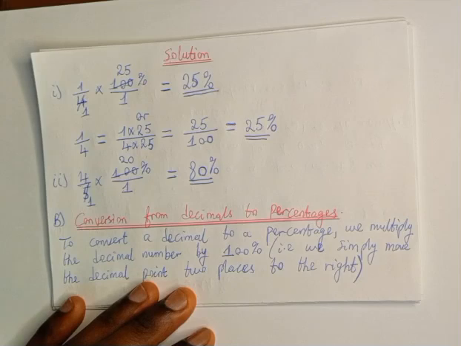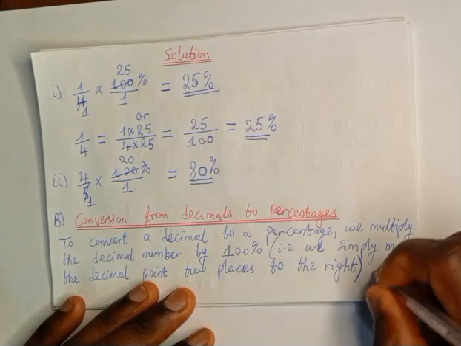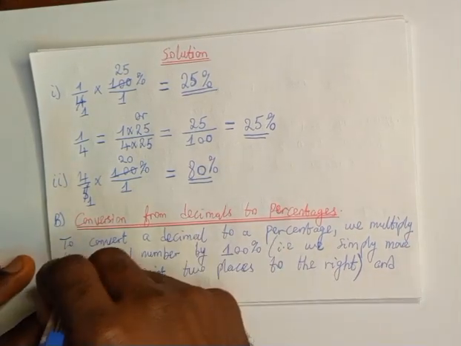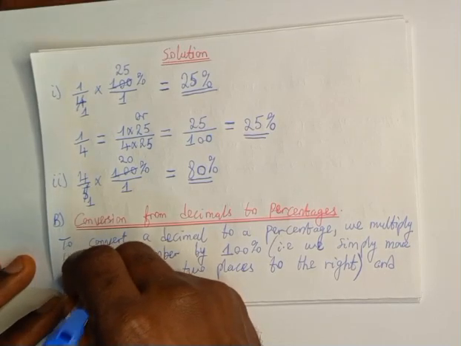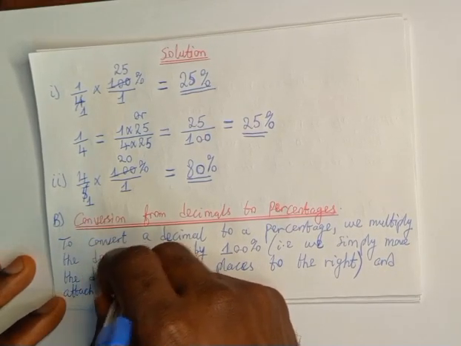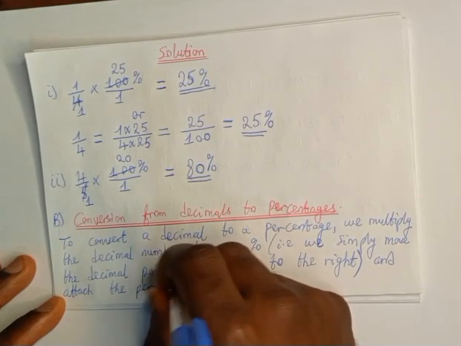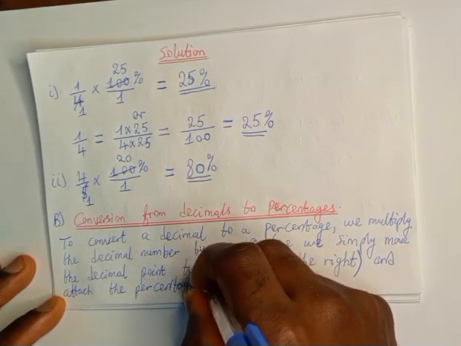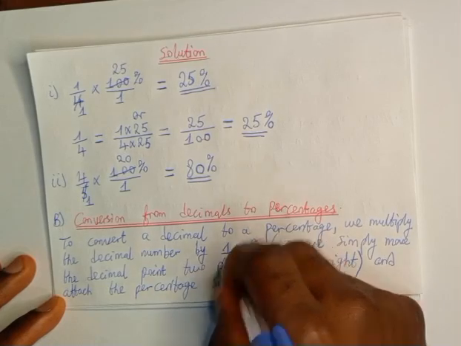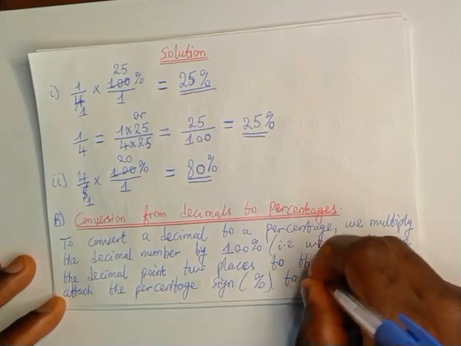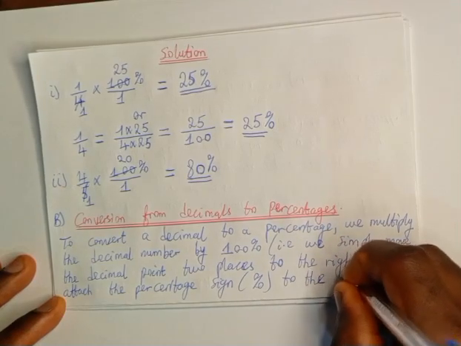Since we are multiplying the decimal number by a power of 10, we attach the percentage sign to the result.